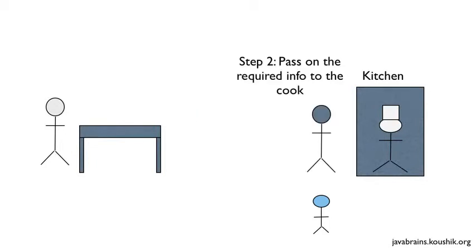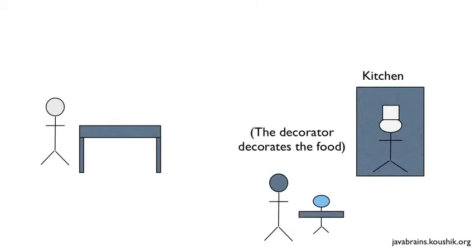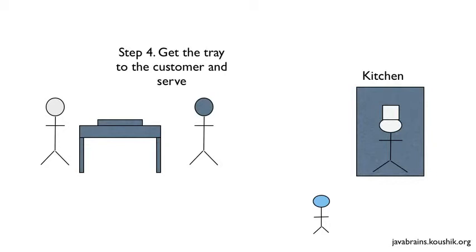Step 2, passes on the order to the cook. The cook prepares the food. And then step 3, instead of decorating the food himself, the stickman passes the cooked food to the food decorator. He's a new employee who specializes in decorating the food. So the stickman passes the food to that person. The decorator decorates the food, and then our stickman gets the tray and hands it back to the customer.